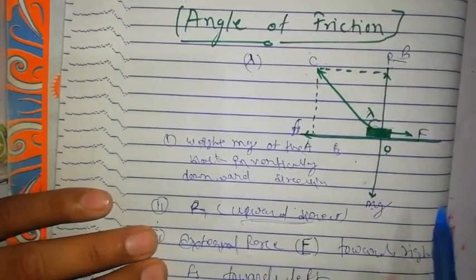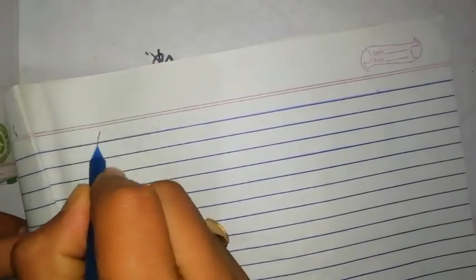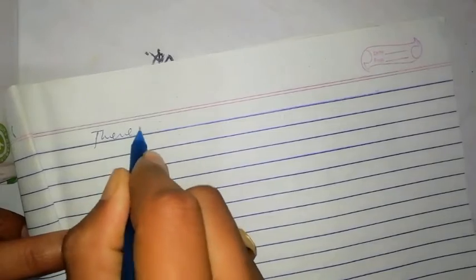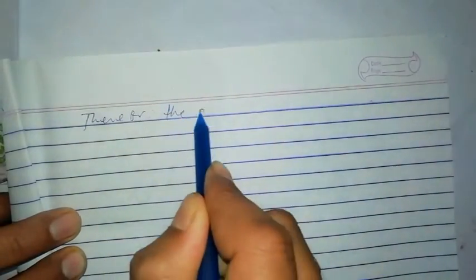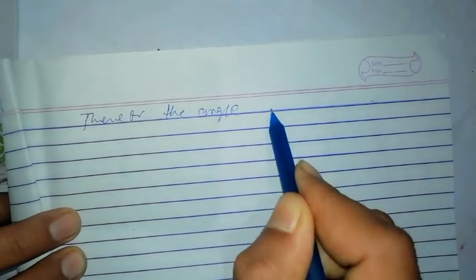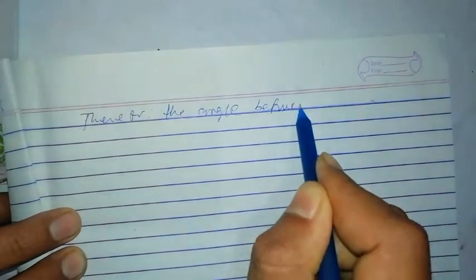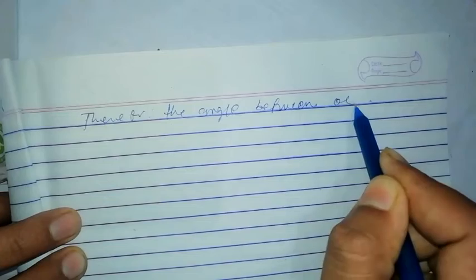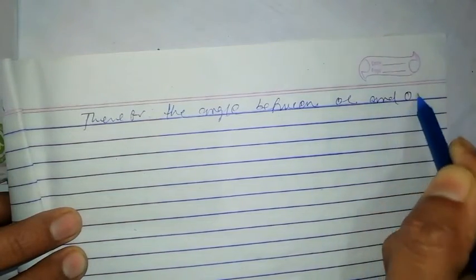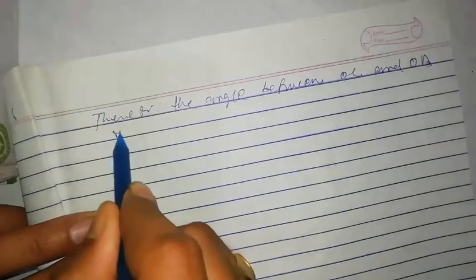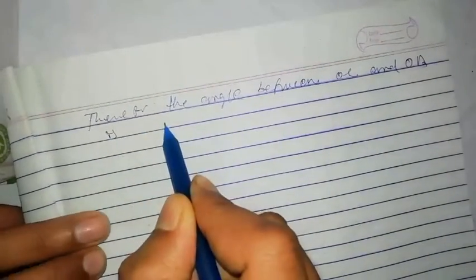Therefore, the angle between OC and OB is the angle of friction.